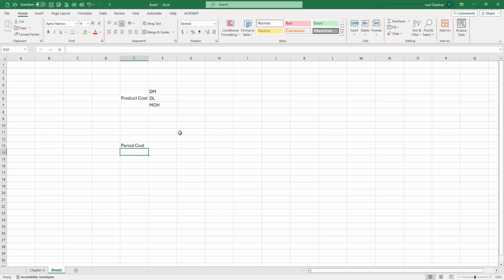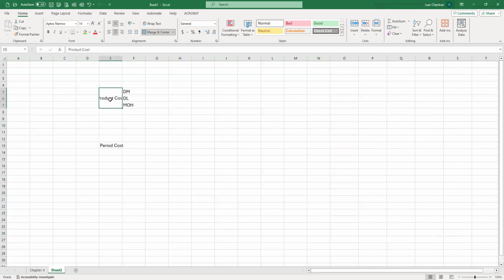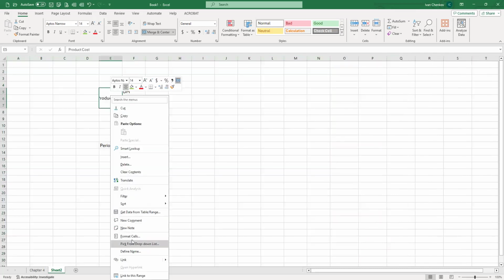What are we going to do with the period cost? The period cost directly goes to our income statement. Where will the income statement be? Most likely somewhere here. Let's make it a little bit smaller.